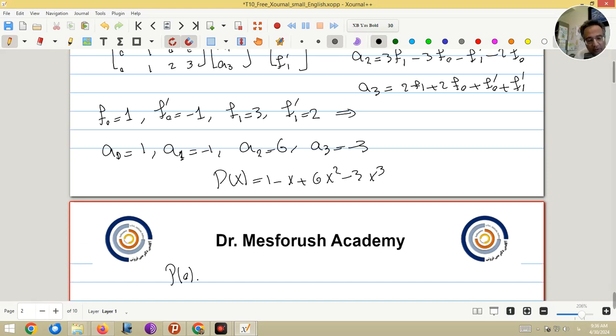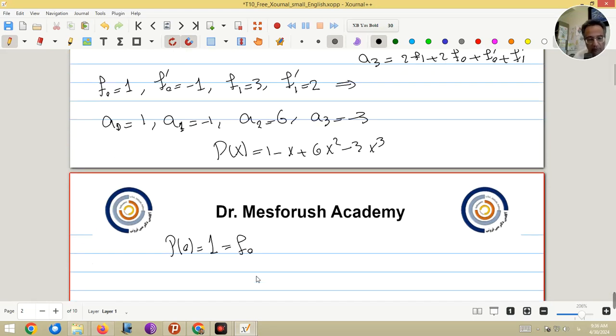If you want to check whether p of x is correct or not, you have to compute, for example, p0. P0 is 1, and 1 is equal to f0, so it works. Now let me compute p1. Put 1 here: 1 minus 1 is 0, 6 minus 3 is 3, so this is 3 and it is equal to f1.